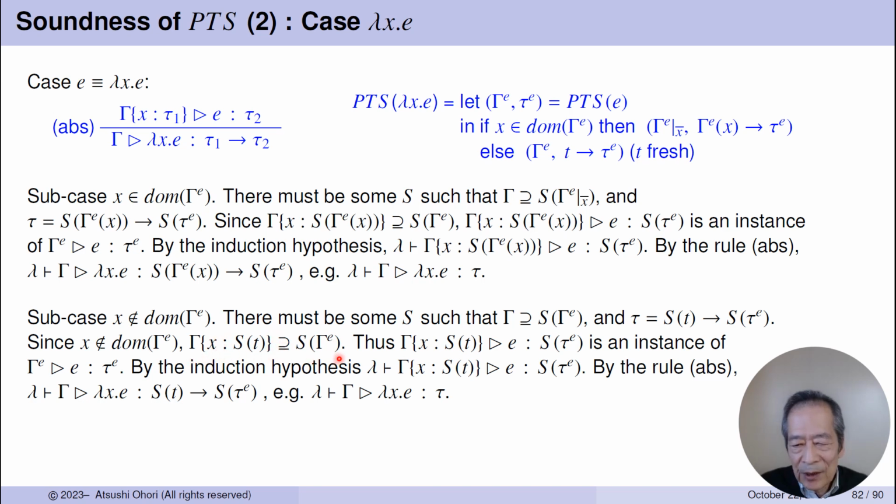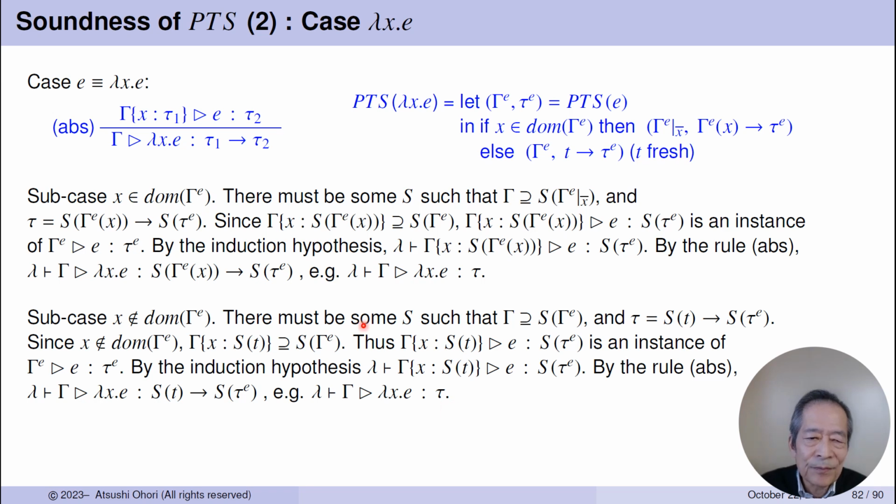So this inclusion is still valid, and therefore this typing is an instance of this principal typing. So by the induction hypothesis, this instance is derivable. So by the rule abs, we get this typing, and this is the same as tau, so therefore this typing is derivable. This is the desired result.